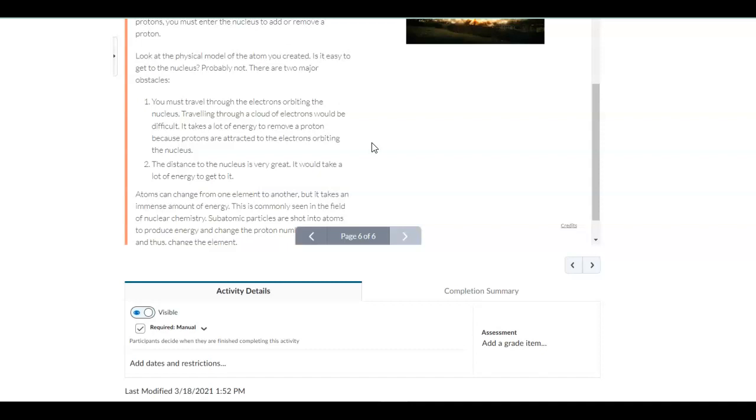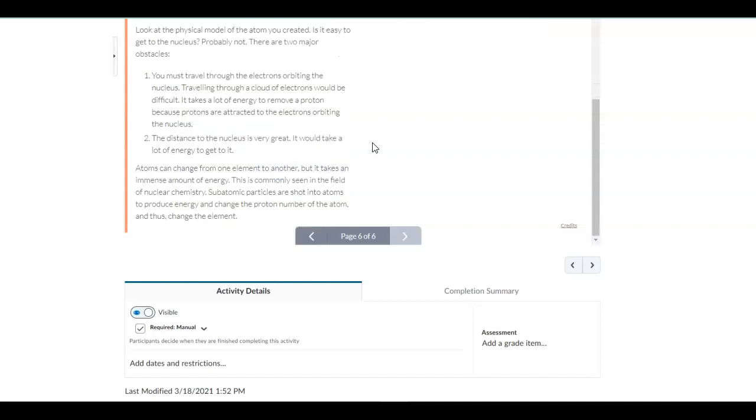It takes a lot of energy to remove a proton because the protons are attracted to the electrons orbiting the nucleus. Imagine opposite charges attracting, it doesn't want to leave there. And then the distance from the electrons to the nucleus is really far, so it would take a lot of energy to get to it.